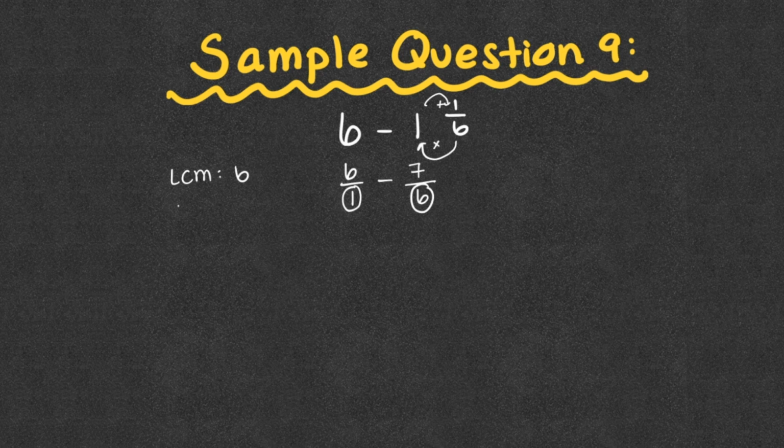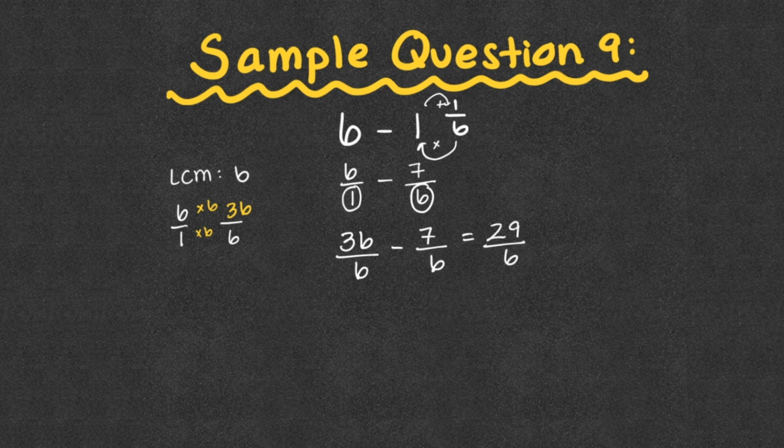So I'm going to take 6/1 and make it out of 6. 1 times 6 is 6, so 6 times 6 is 36. So what I really have here is 36/6 minus 7/6, which is equal to 29/6.